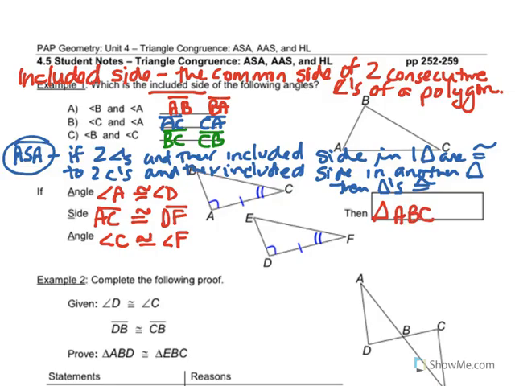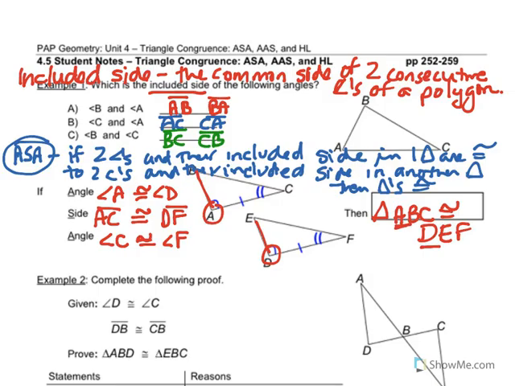ABC, I'm doing that alphabetically, is congruent, and then we want to make sure the other one, when we write it down, lines up. We started with A and we went to B, so we're going to start with D and go to E. It's important when you're doing these that you put them in the right order, or you'll get it wrong on quizzes and tests, because the angles have to line up when you name your triangles.